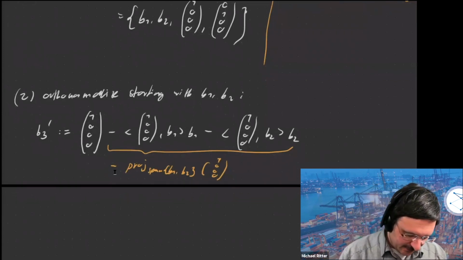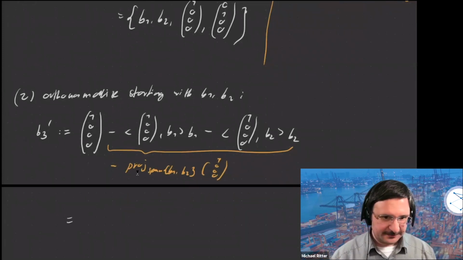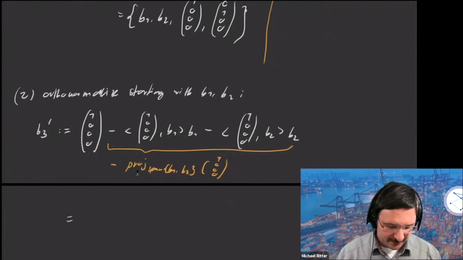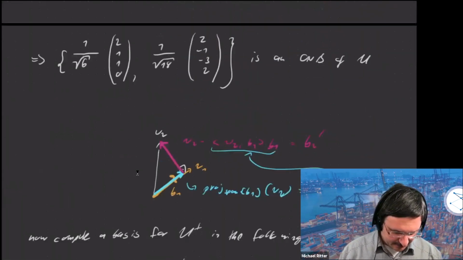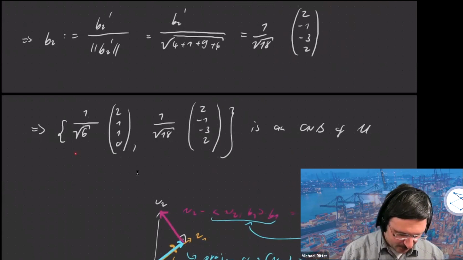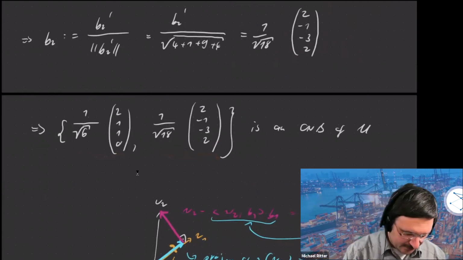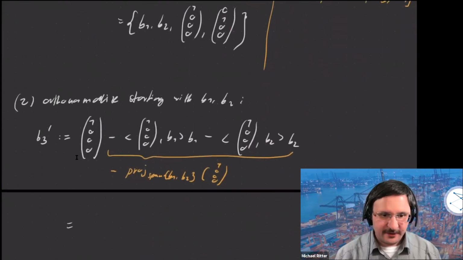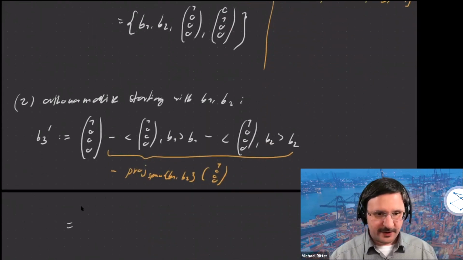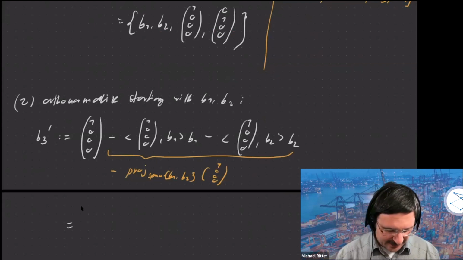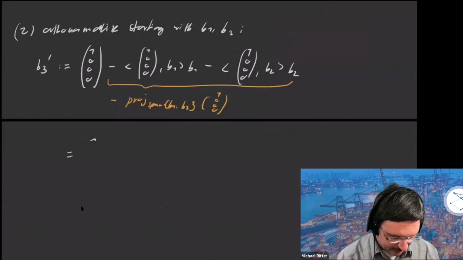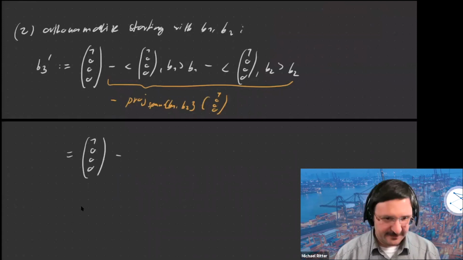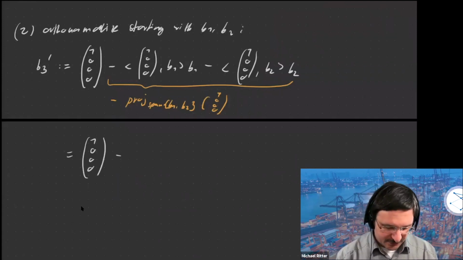Okay, so let's do the computations. So remember b1 and b2, we have those somewhere here, right? That was b1, that was b2. Again, I'll take out that factor in front of b1 and b2 right away. So what we get is 1, 0, 0, 0 minus the factor in front of b1 was 1 over the square root of 6.